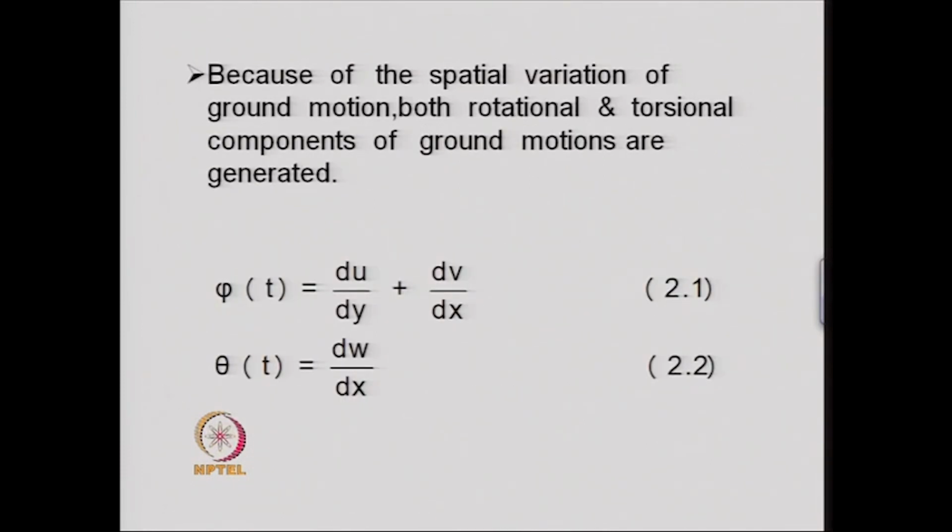Because of the spatial variation of the ground motion, both rotational and torsional components of ground motion are generated. Equation 2.1 shows how we obtain the torsional ground motion from the two horizontal ground motions that are measured.